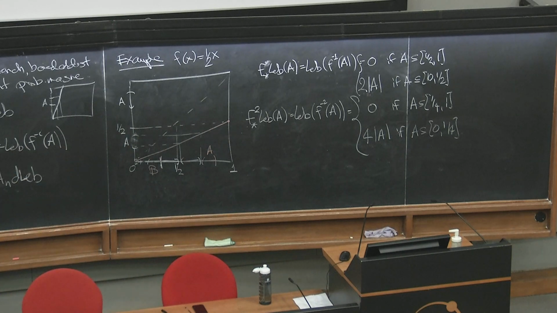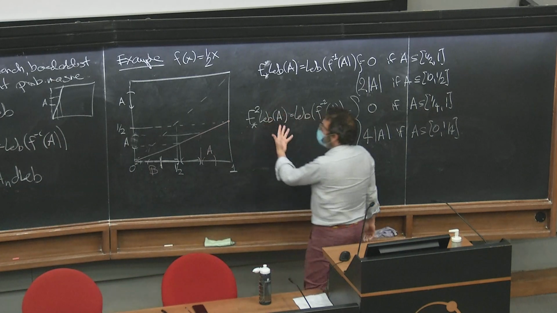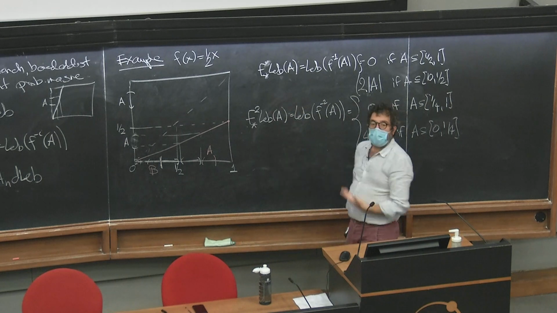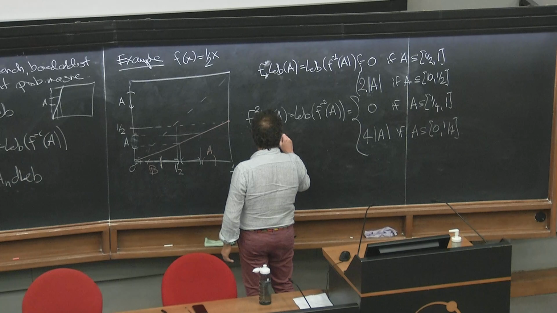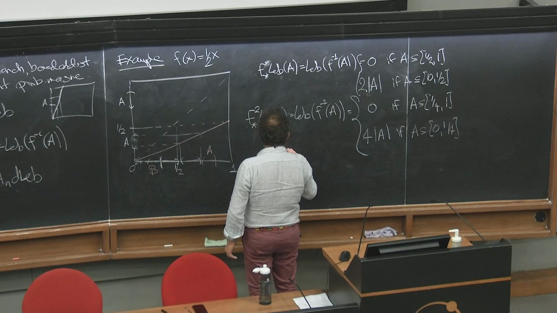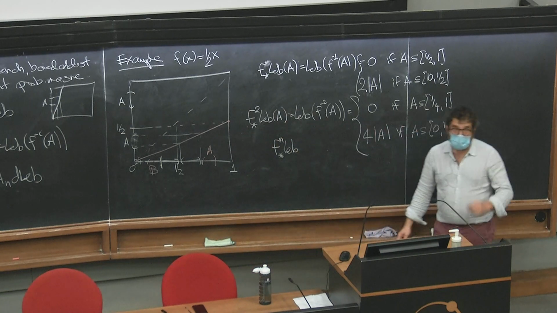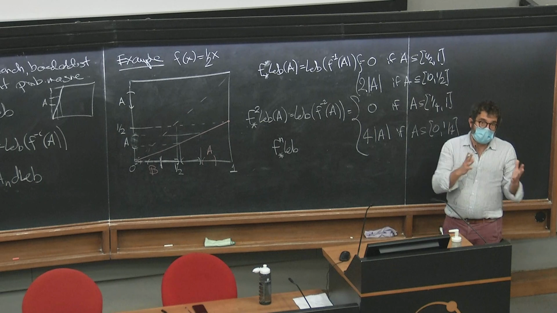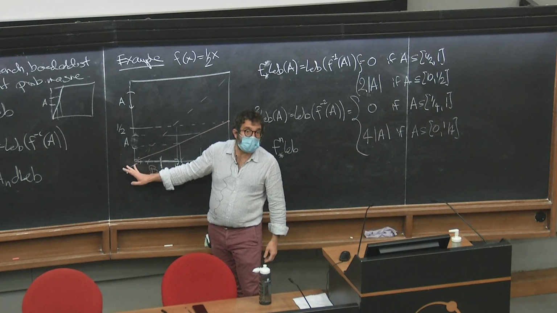So what is the limit, the weak star limit, of these probability measures? Here we have a sequence of probability measures, f n star of Lebesgue. You can check that the weak star limit is the Dirac delta at 0, clearly, right?